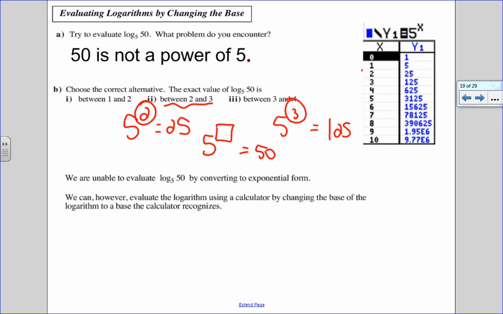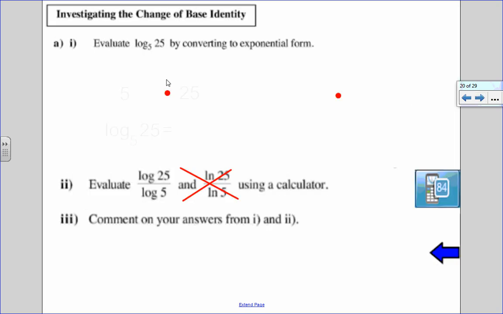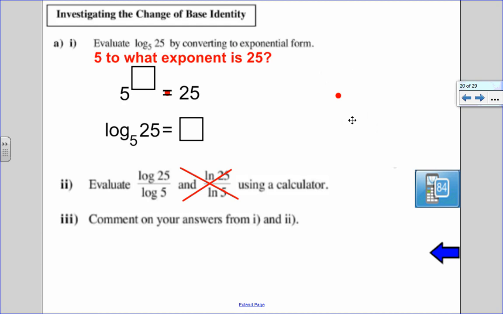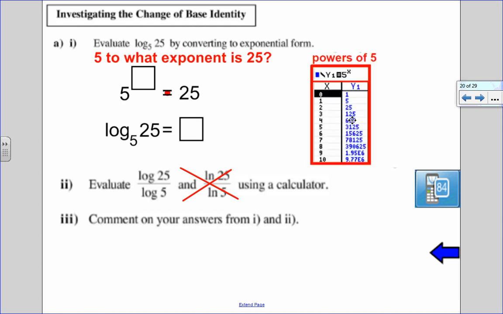So we can't do it with exponential form, but what we can do is write it using change of base. Here's what we're going to do. We're going to evaluate log base 5 of 25, just converting it to exponential form. We ask ourselves, 5 to what exponent is 25? Going to our powers of 5, I can see that 5 squared is 25.